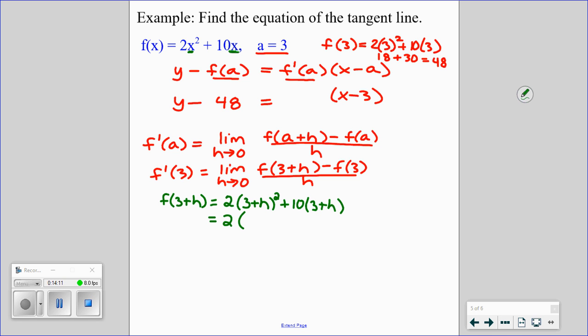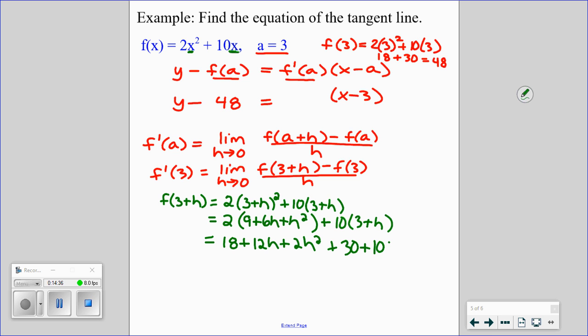I'm just going to go ahead and work that out in my head if that's okay. We'll end up getting 9 plus 6h plus h squared. Then we'll distribute the 2 and the 10, and so we'll get 18 plus 12h plus 2h squared plus 30 plus 10h.